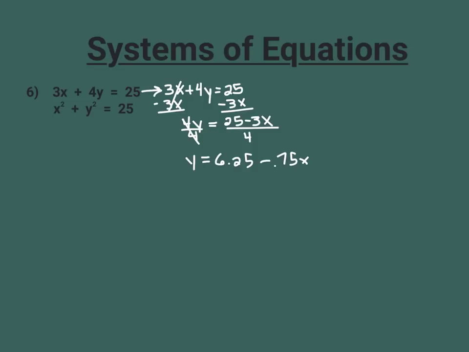Now that we have y by itself, we take what y is equal to and substitute it in for y in the other equation. So instead of x squared plus y squared equals 25, we have x squared plus this squared equals 25.